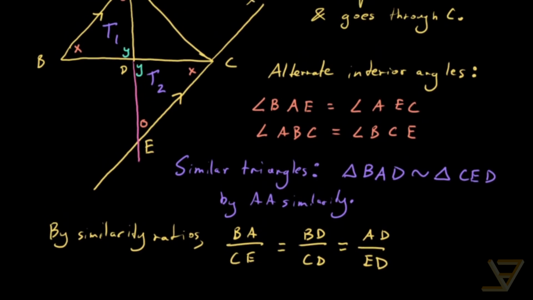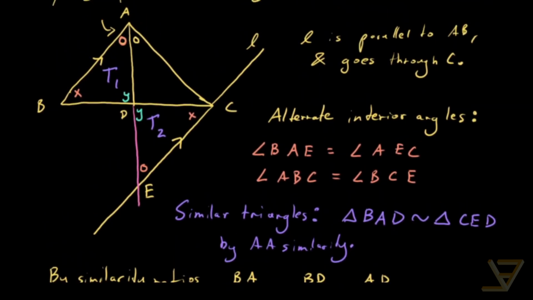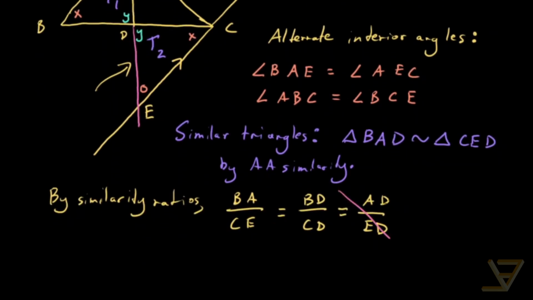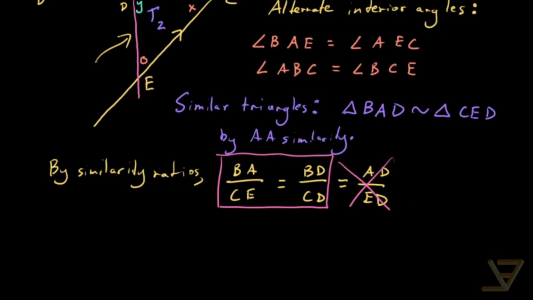Now notice that the last one we don't really need, because AD is the angle bisector itself, and DE is this extension, and we don't really care about those. So let's cross that out. We're going to focus on this equation here. That equation tells us that BA times CD, actually let's write it as AB times CD, is equal to CE times BD.